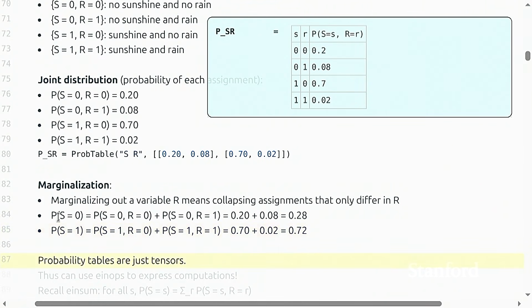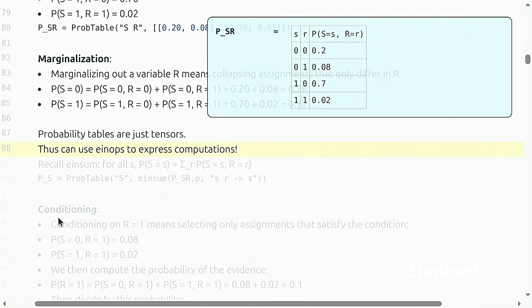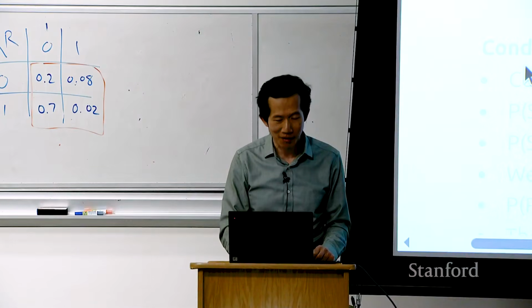And here comes the cool part. You thought you were done with INOPS, but it's coming back now. Probability tables are just tensors. This thing on the board is a matrix, but it's also a tensor. Therefore, we can actually use INOPS to express computation. And it turns out all the laws of probability are essentially all covered by INOPS.